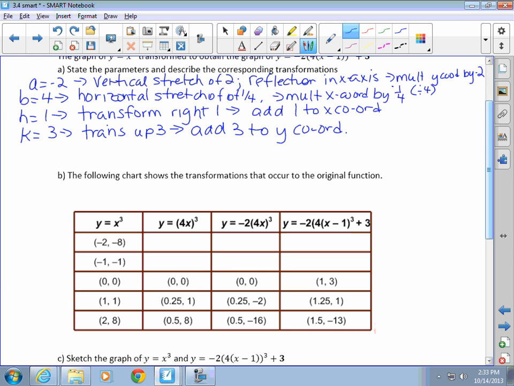So if we're looking at this, it means that I'm going to multiply that to the y, I'm going to divide that to the b, I'm going to add that to the x, and I'm going to add the k to the y.